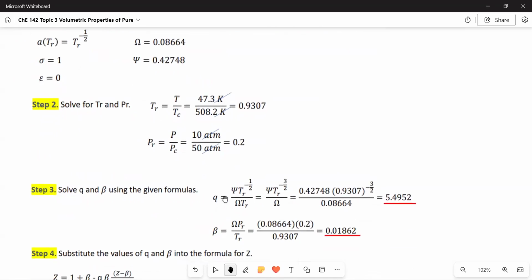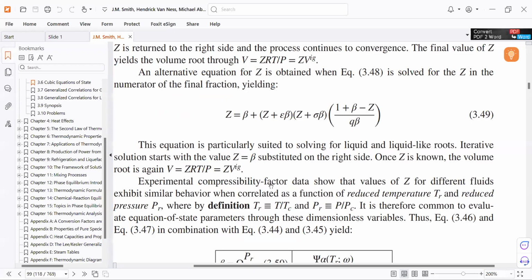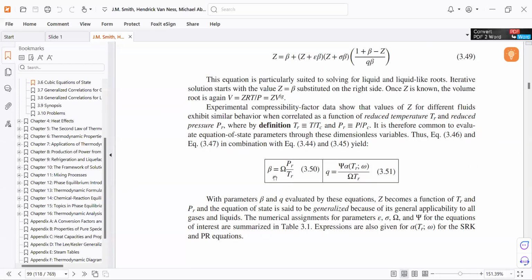Okay? So you may be wondering, oh, this is not included in the slide. I mean, yes, it's in the handout, but not in the lecture portion. It's embedded here in the solution. But actually, those equations are also in your book. So this is another form of beta.